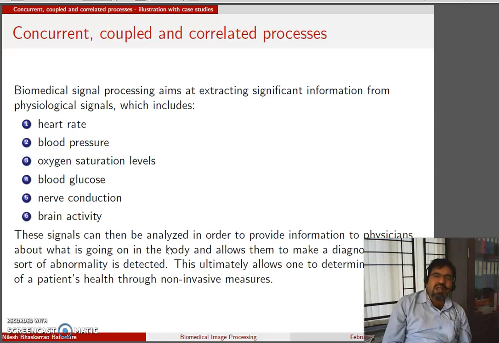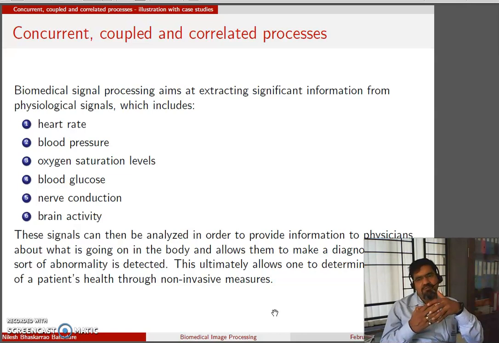These signals can be analyzed in order to provide information to physicians about what is going on in the body and allow them to make a diagnosis if any sort of abnormality is detected. This ultimately allows one to determine the status of a patient's health through non-invasive measures.